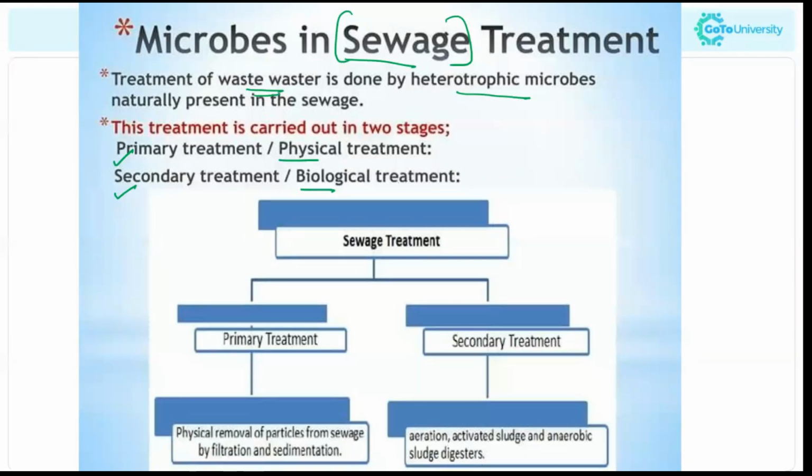Coming to primary treatment, this involves the physical removal of particles, large and small, from the sewage through filtration and sedimentation. These are removed in stages. Now coming to secondary treatment, this consists of aeration, activated sludge and anaerobic sludge digester.